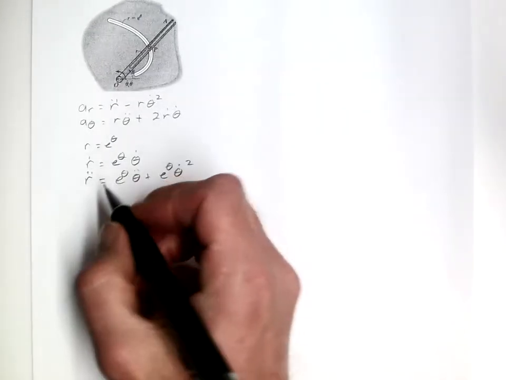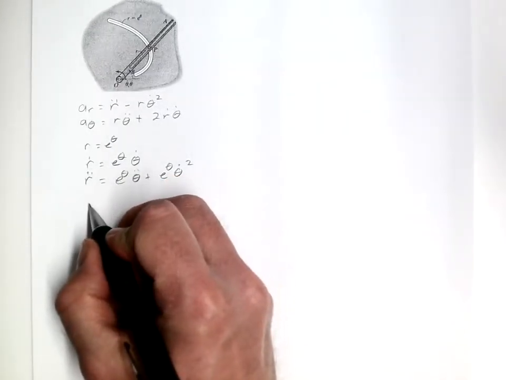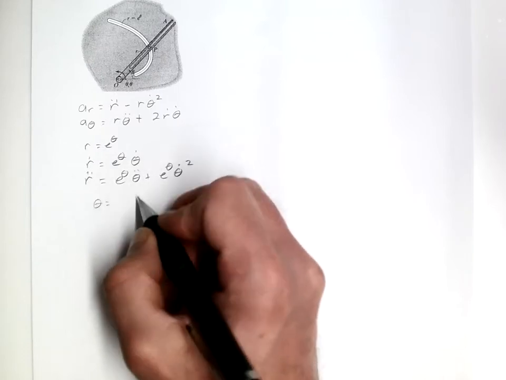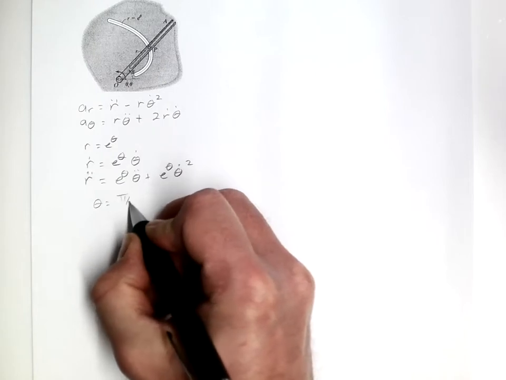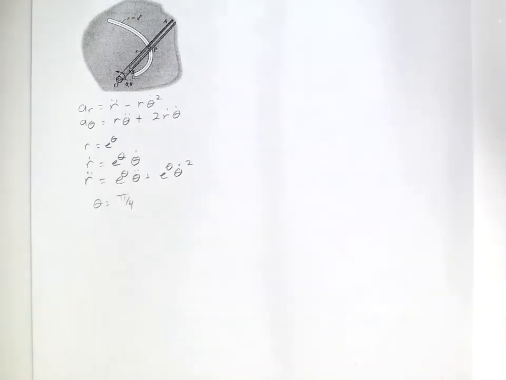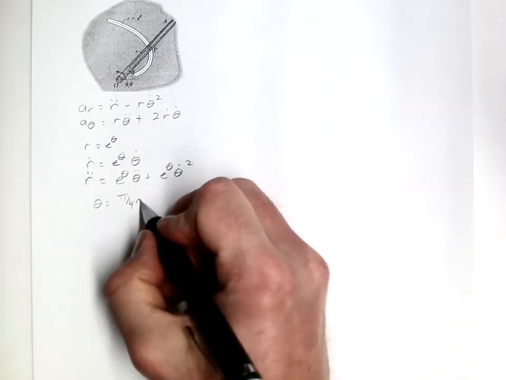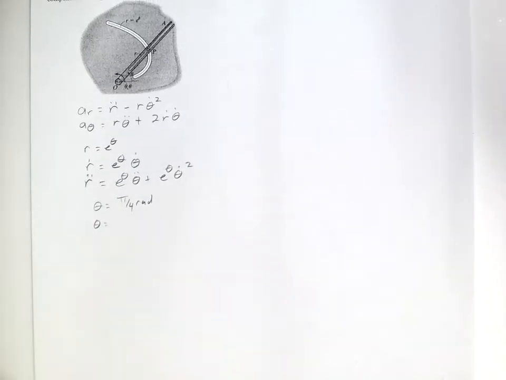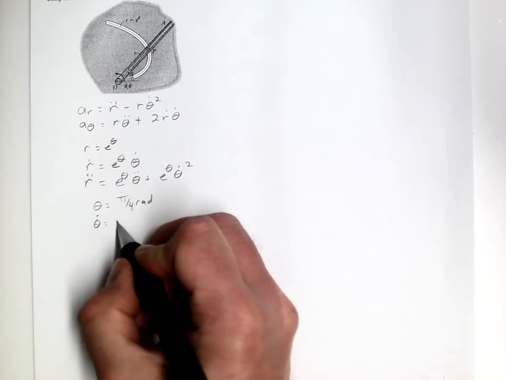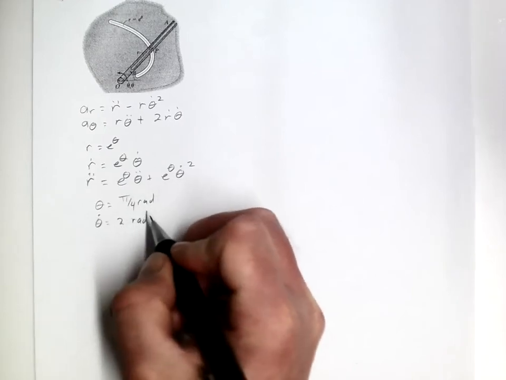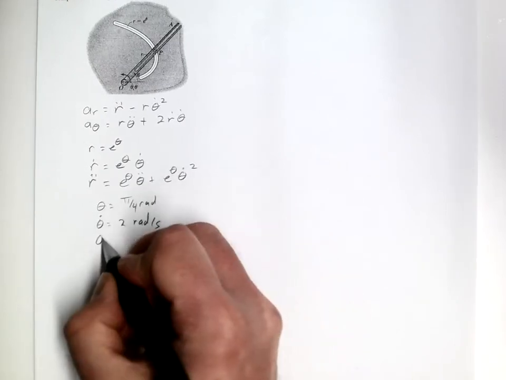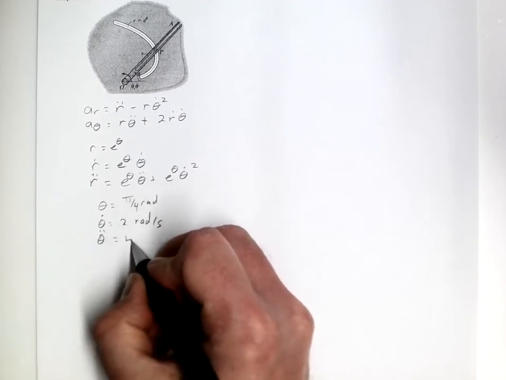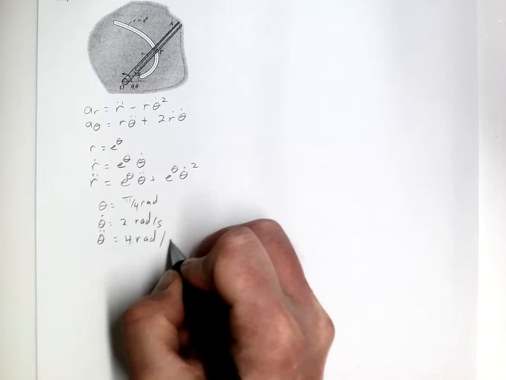Okay, so at the instant θ = π/4 radians, θ dot = 2 radians per second, and θ double dot = 4 radians per second squared.